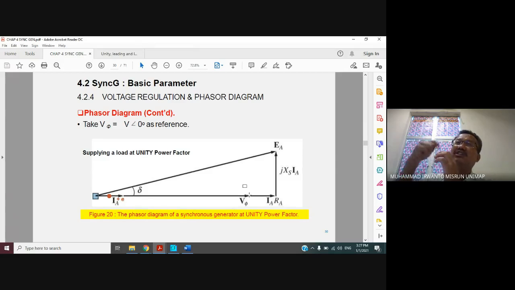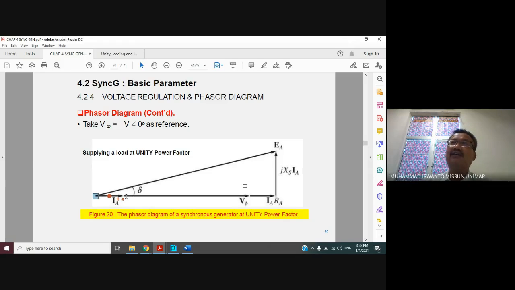This one is resistive load, so unity means the angle between IA and the phase voltage is 0 degree. They overlap on one line. This is IA.